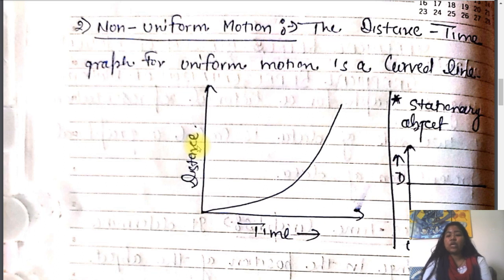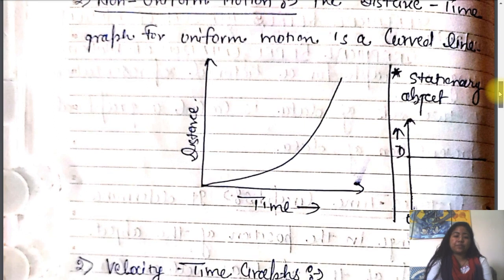Time will keep increasing, but we will not change our position, so distance will remain the same. So for a stationary object, the distance-time graph is always a line parallel to the time axis, or the x-axis.